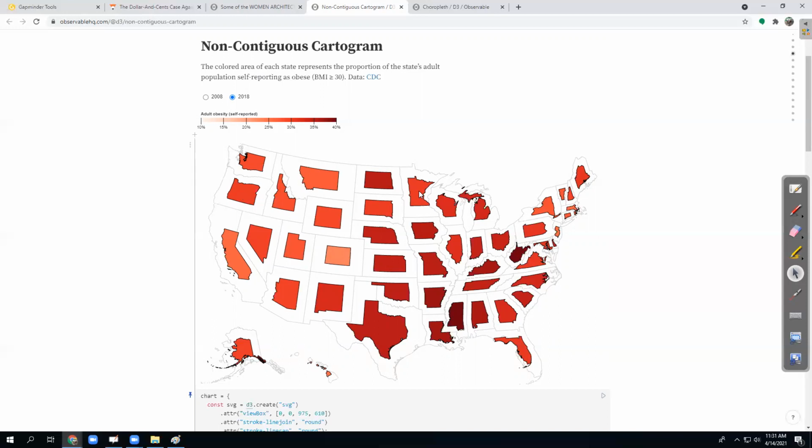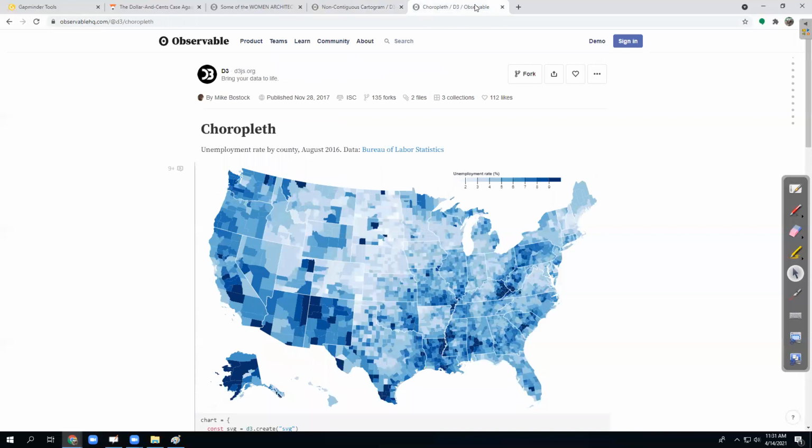So this is an interesting graphic color coding obesity in different states. Mississippi's in deep trouble there, right? They're not looking so good. But it looks like Wyoming and Colorado, people aren't too bad there compared to other parts of the country. Interesting infographic.